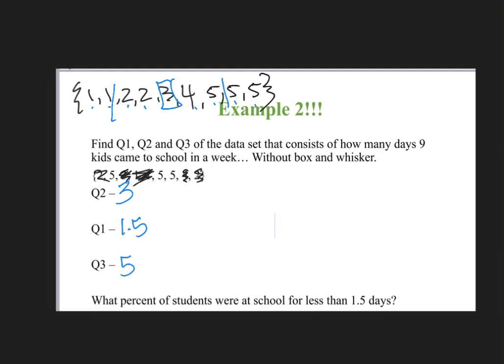Now, we need to answer this question. Okay, now remember, every quartile is 25%, okay? So if we were to draw this, let's make a number line. Let's see, I want to make a line.